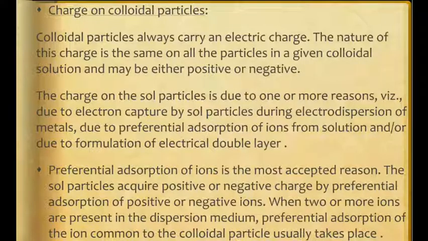Since potassium iodide is the dispersion medium, iodide ions are common, so silver iodide will be adsorbing iodide ions. However, if I do the reverse, if I take silver nitrate solution as a dispersion medium and add potassium iodide to it, I will get silver iodide, but it will be adsorbing silver ions from the dispersion medium, leading to a positive sol.